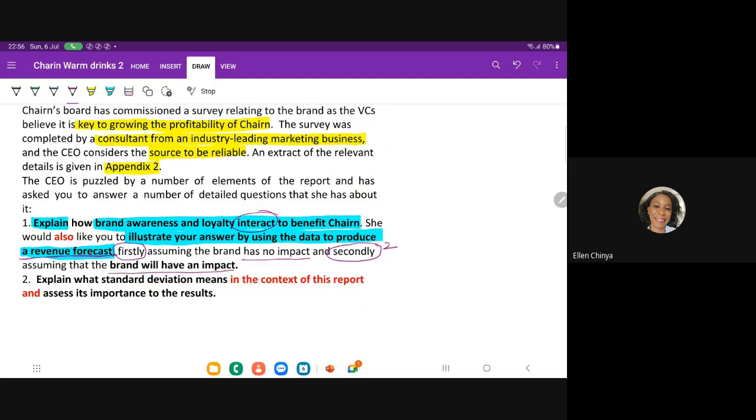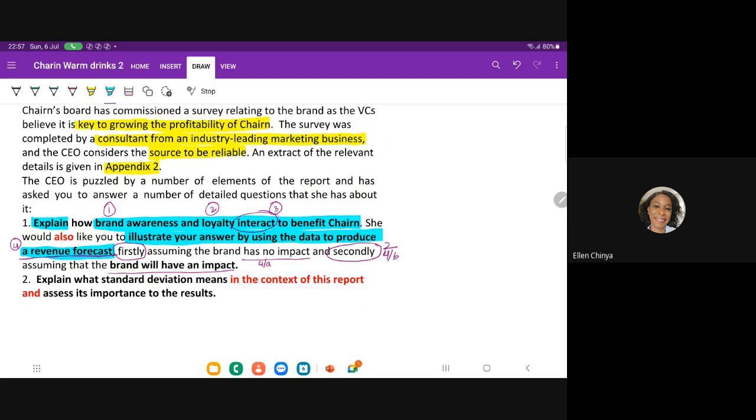So first of all, you have to explain brand awareness, brand loyalty, and their interaction. Then you have to calculate the forecasted revenue when there is no impact, and the forecasted revenue when the brand is having an impact, right? So there are almost 5 or 6, maybe 8 things which we have to do in the first part.